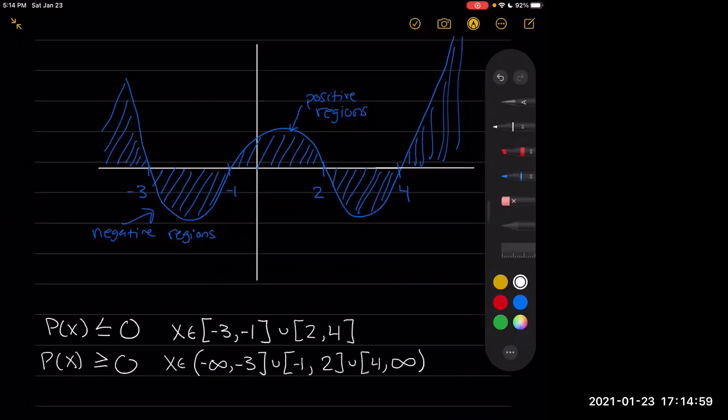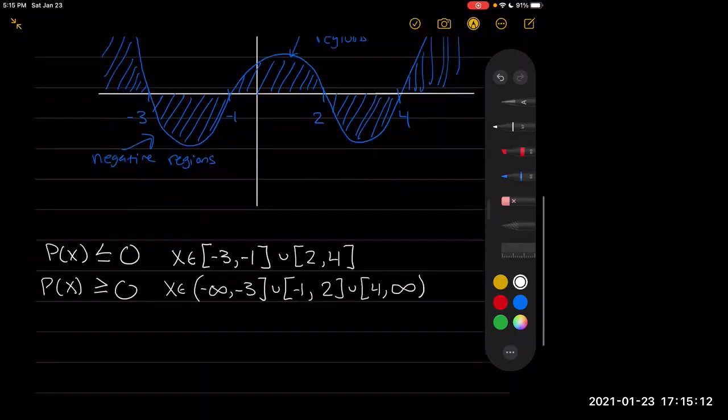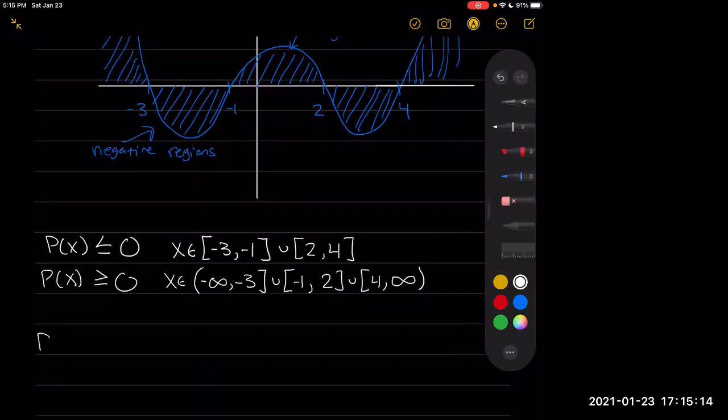And so here we have these different regions, and you'll notice that we have a hard bracket because in each one of them we have a less than or equal to 0. If we had just a strict inequality, which doesn't have the equal to, then if we just had p of x less than 0, it would be the same intervals, except they are soft brackets because we do not include the points where they equal 0.